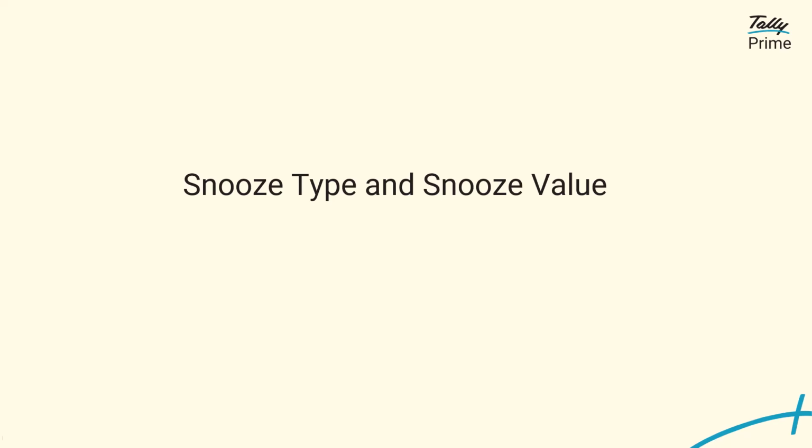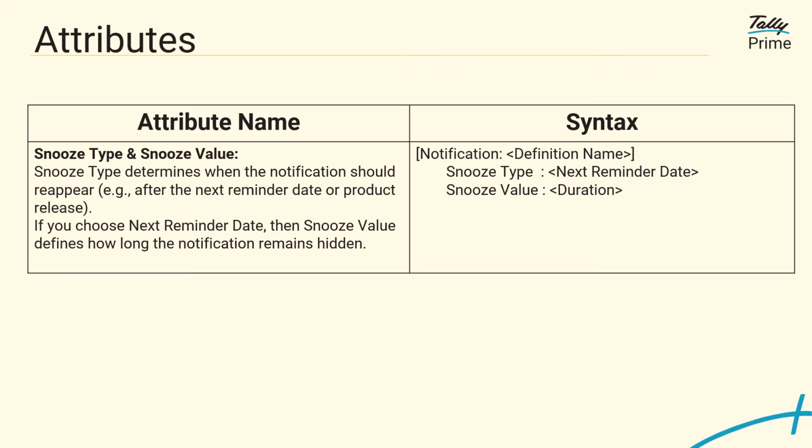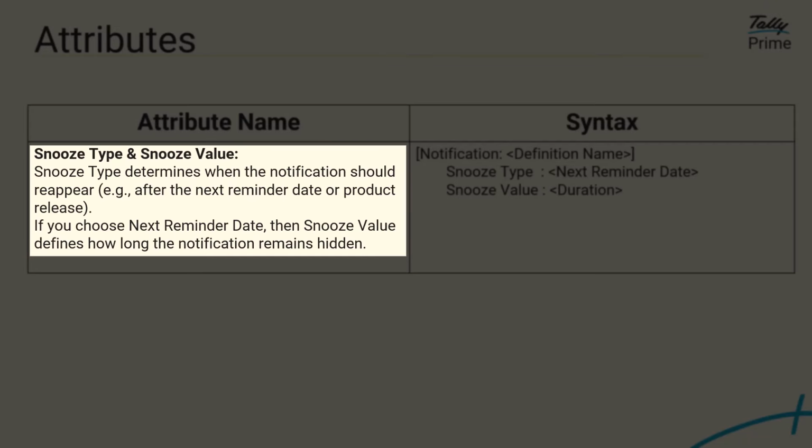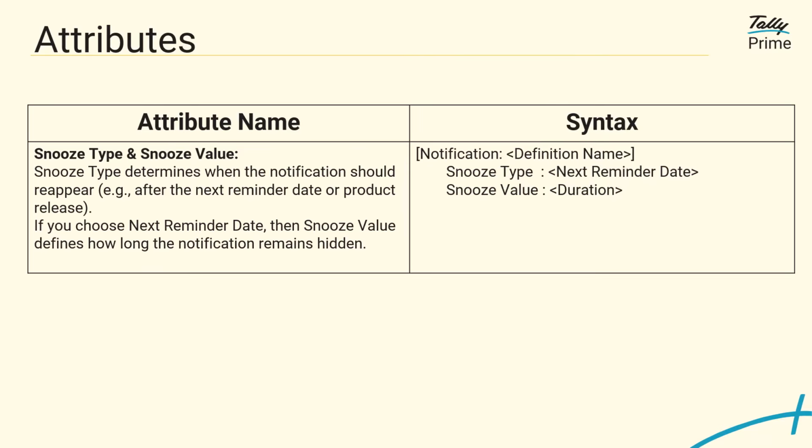Snooze type and snooze value. Sometimes, users might want to pause a notification temporarily, not delete it, just snooze it. That's handled using snooze type and snooze value. Snooze type determines when the notification should reappear, for example, after the next reminder date or product release.